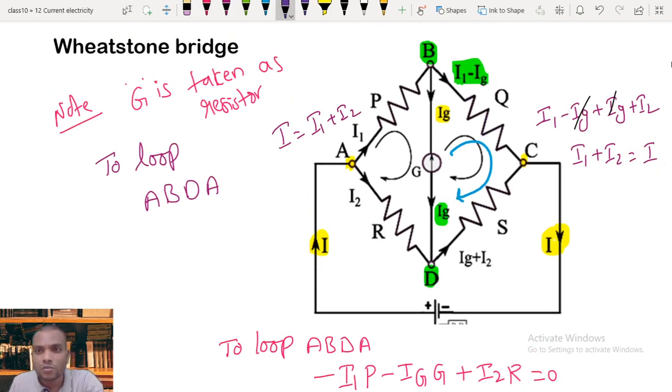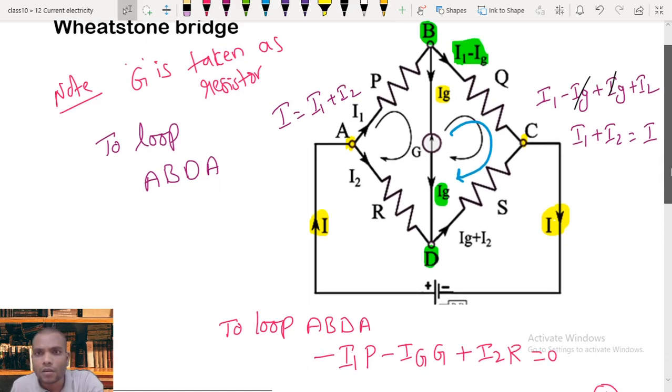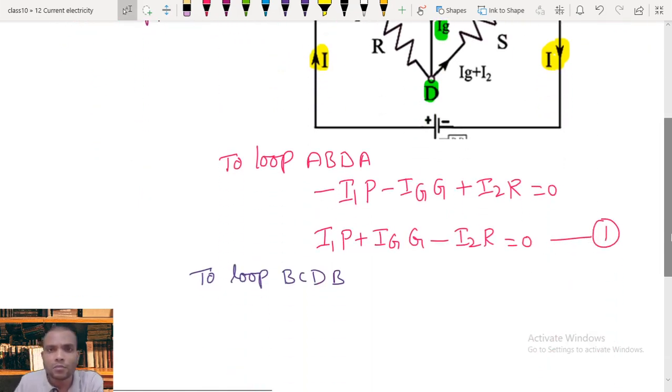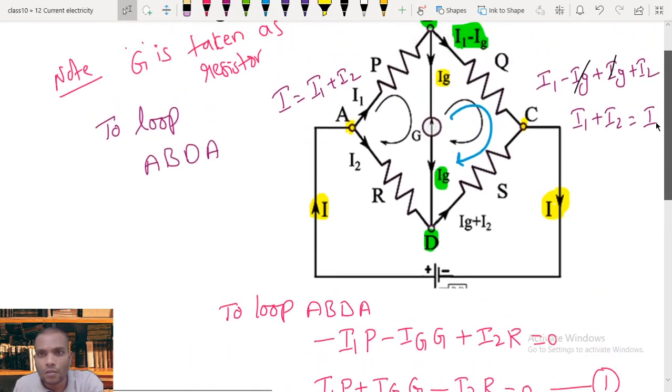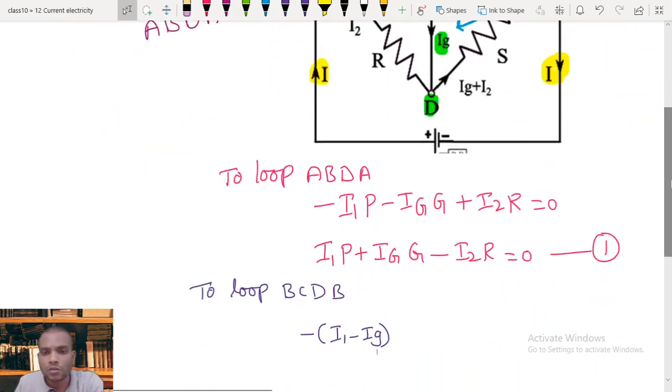So across resistance Q, the current direction and my direction in the loop are both the same, so we take that as negative. So I can write minus, that is, I1 minus Ig times the resistance value Q, I1 minus Ig times Q.